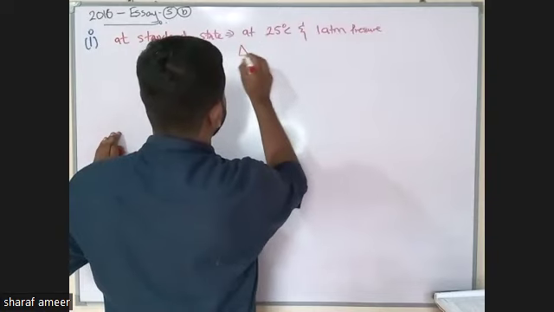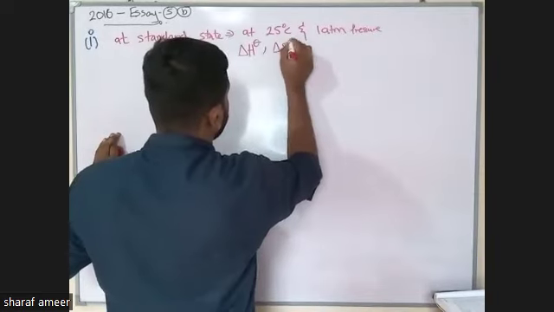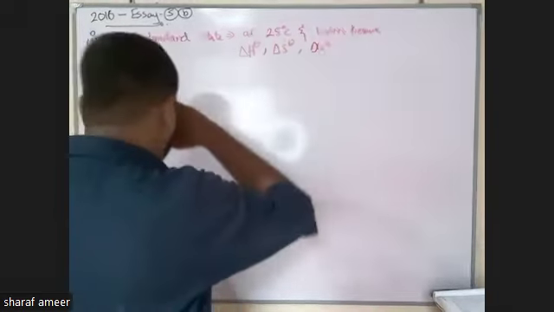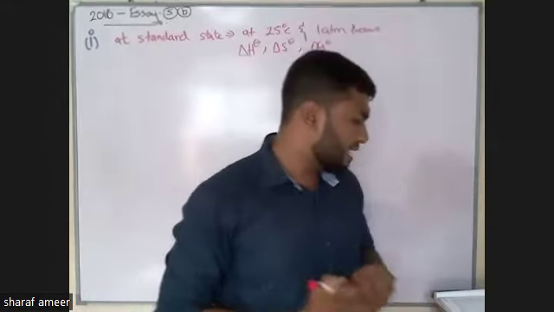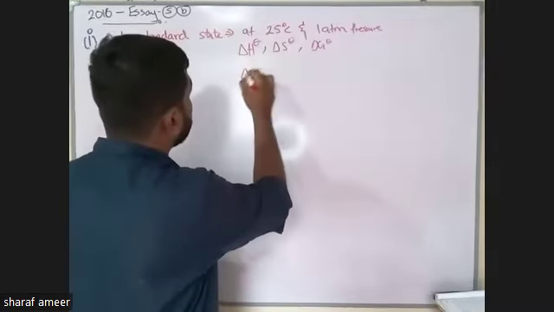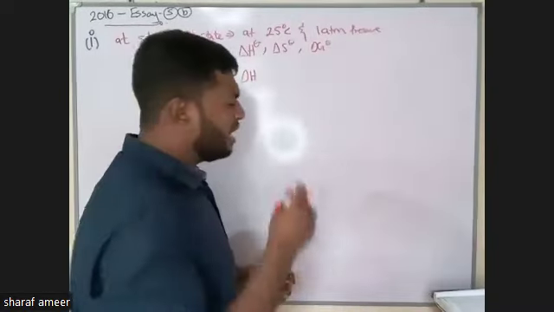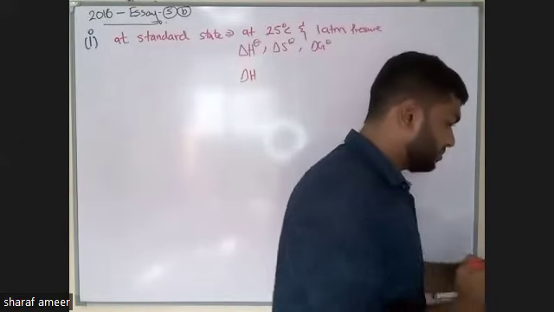you have to use the symbols delta H theta, delta S theta, and delta G theta. Since this is not given under standard state, you have to use only delta H, delta S, delta G, right?